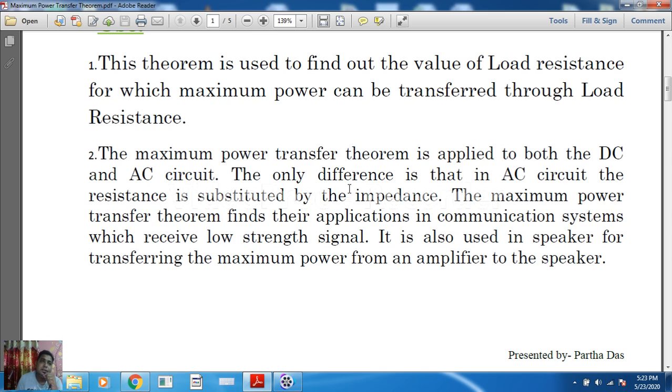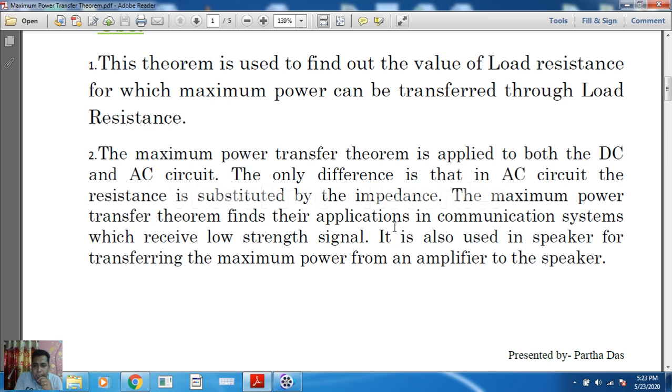But when we are working with the AC source, we can. If a circuit has R, L, and C, combining those three components gives the impedance concept.